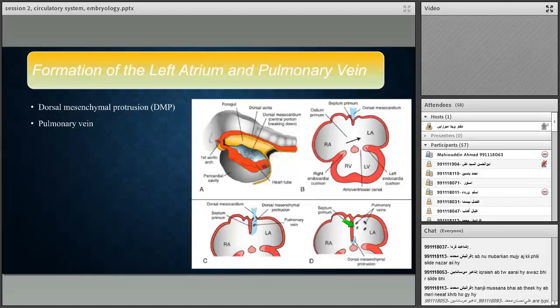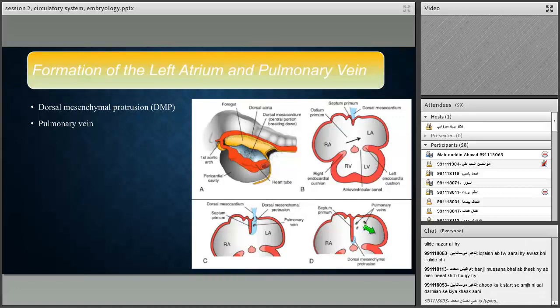The stem of the pulmonary vein remains in the dorsal side of the left atrium and divides into 4 parts, 2 pulmonary veins on the right side and 2 on the left side. They expand into the left atrium and form the 4 pulmonary veins in the atrial chamber.